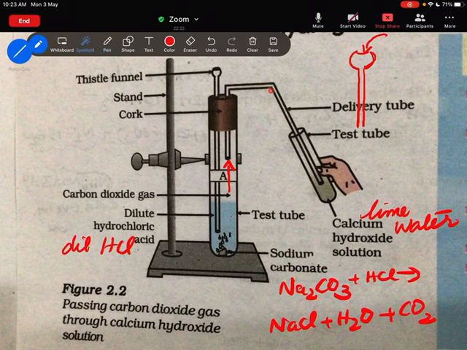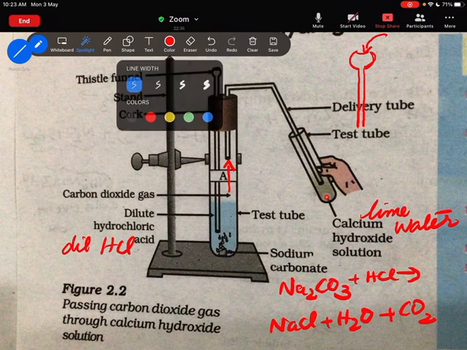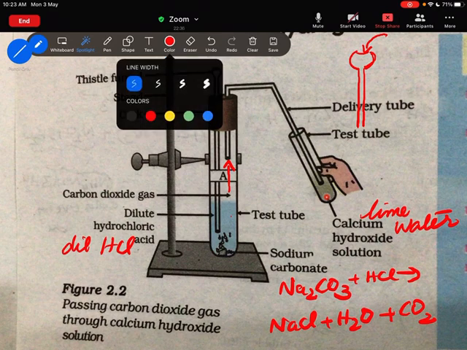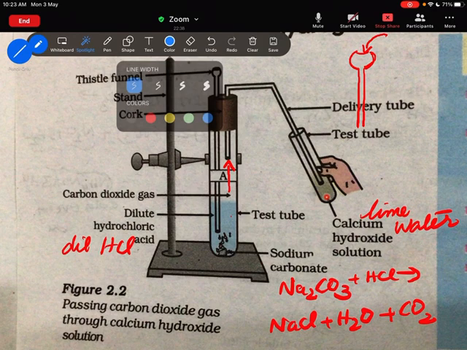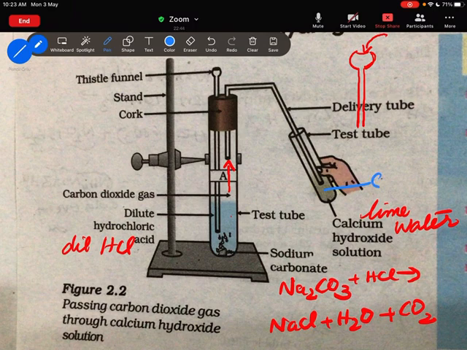This carbon dioxide will be passing through the solution. You will see milkiness over here, meaning a white precipitate of calcium carbonate is formed here.